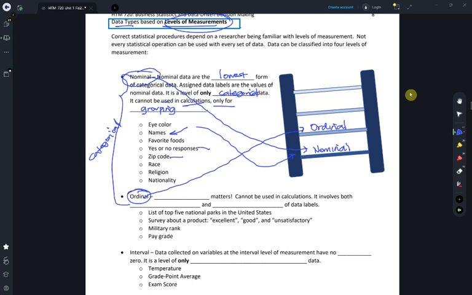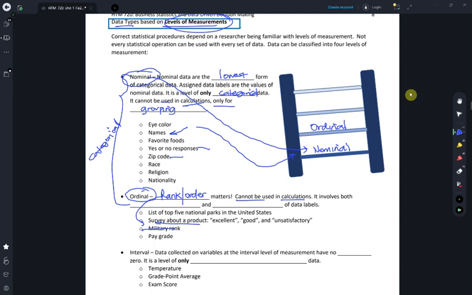On the other hand, at the ordinal level of measurement, rank or order matters in addition to grouping. So there is a grouping of items at the top of the ladder and then those next in line and subsequently. They cannot be used in calculations, so think about the military rank.